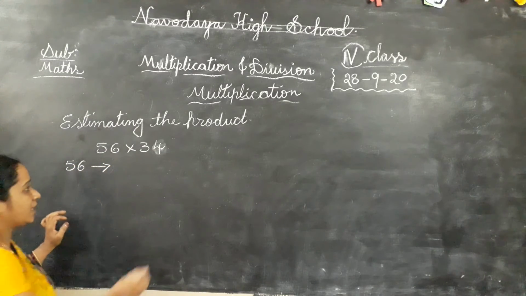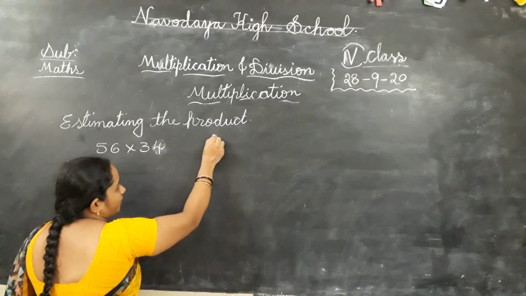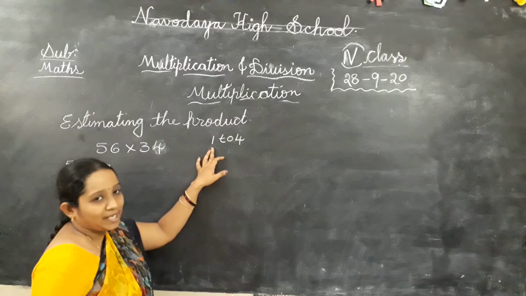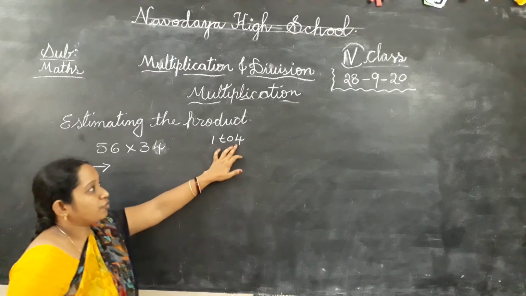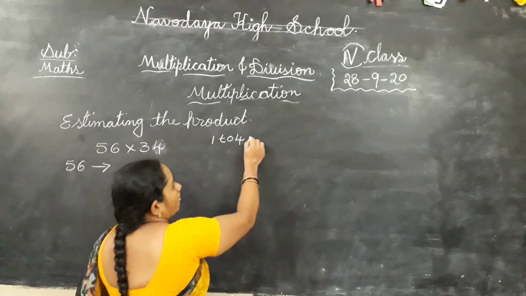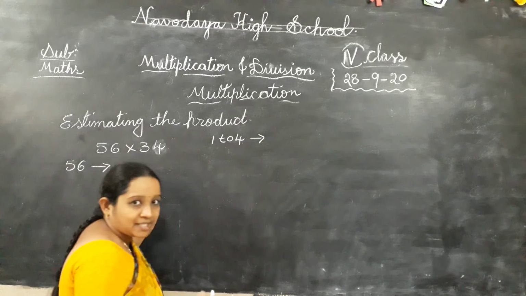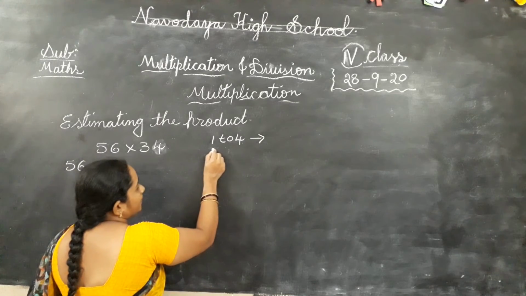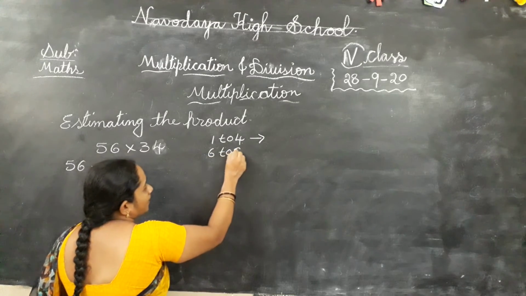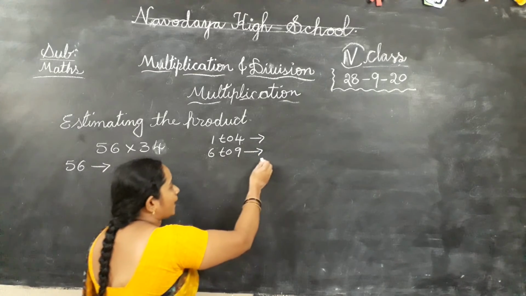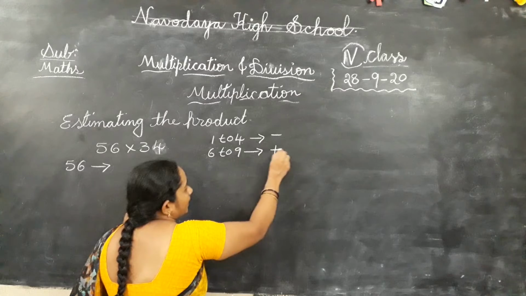Remember, children, if the digit in the ones place is 1 to 4, that number should be rounded off to the previous tens place. If it is 6 to 9, the number is rounded off to the next tens place. Here minus, here plus.